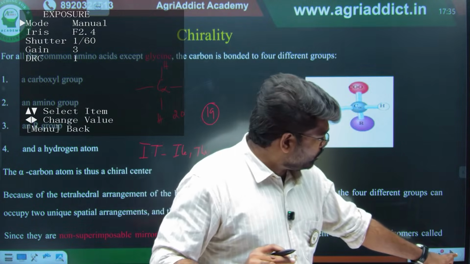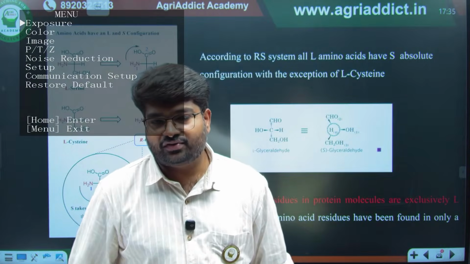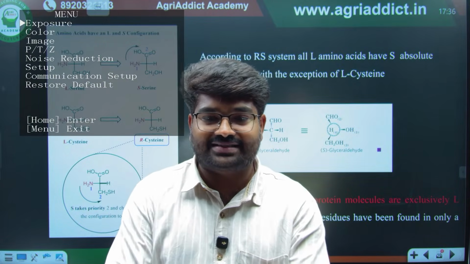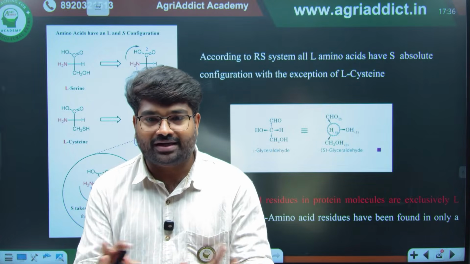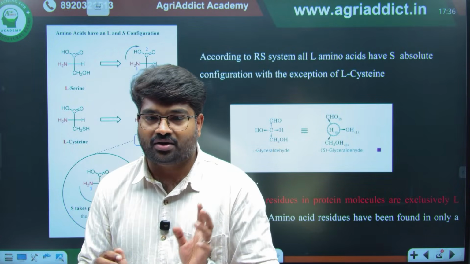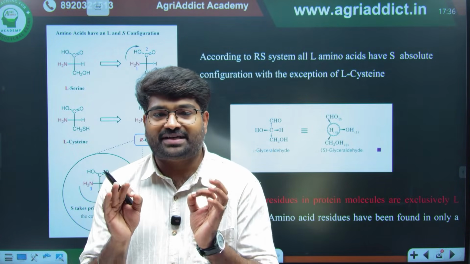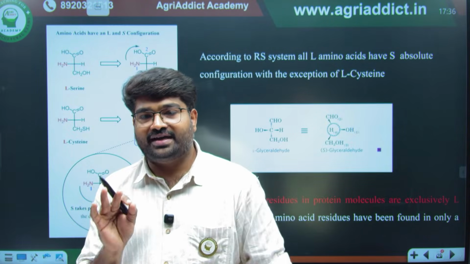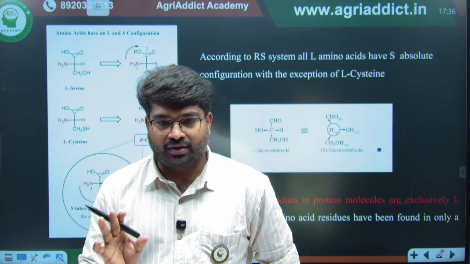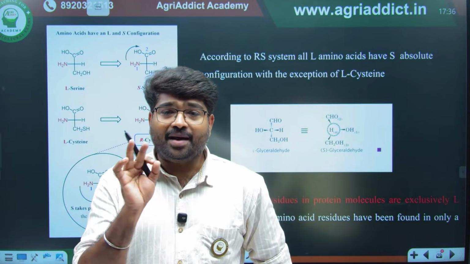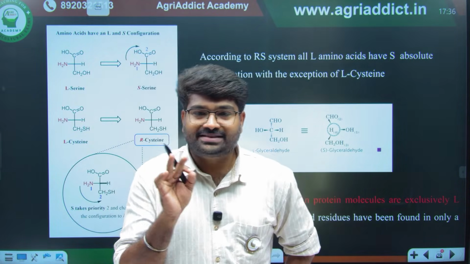Now we are going to see the classification of amino acids, how they are classified based on the R group. Before going to that, I just want to say one simple concept. The amino acids present in proteins will always be in L form. But D amino acids will be present in the cell wall of bacteria.